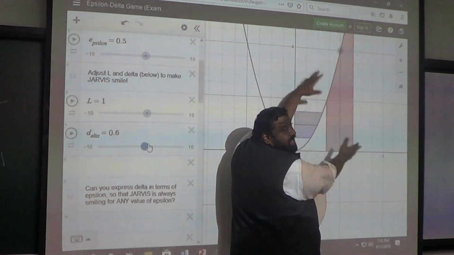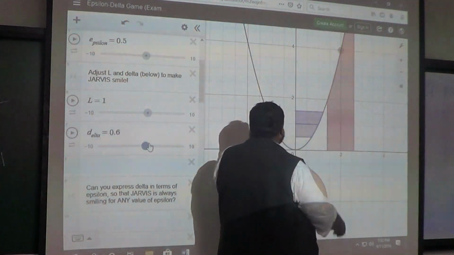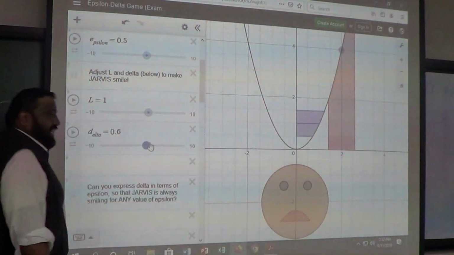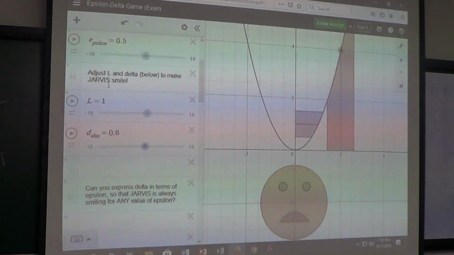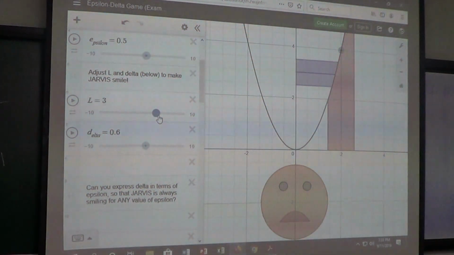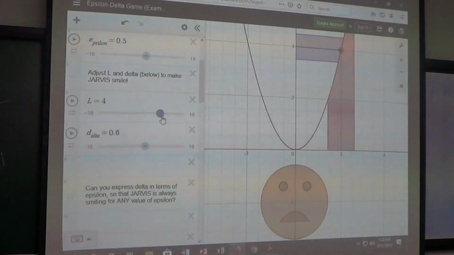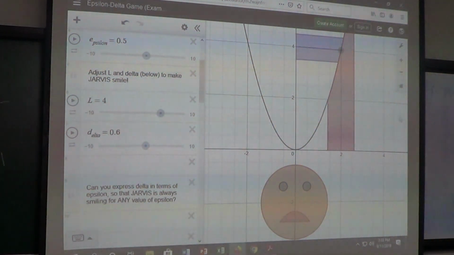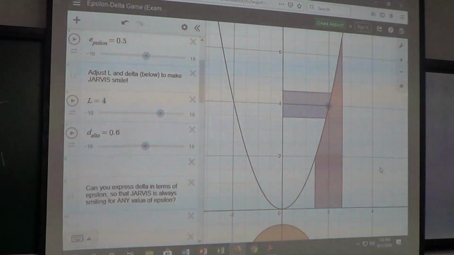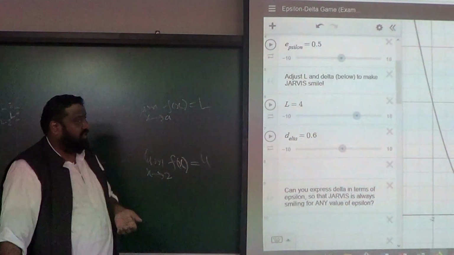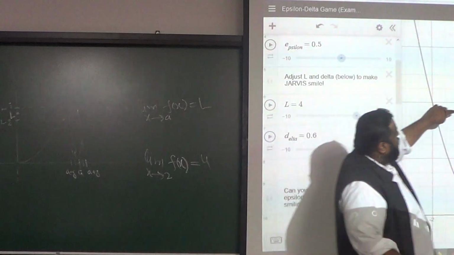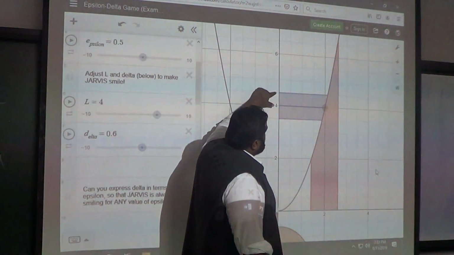So in other words, maybe I'm doing something wrong, and that is that I need to vary this value L. So let's vary L to 4 and see what happens. Can we have this now? The question has changed, and I would like to ask whether the limit as x goes to 2 of f of x equals 4. So I have 4, that's 3.5 and that's 4.5.